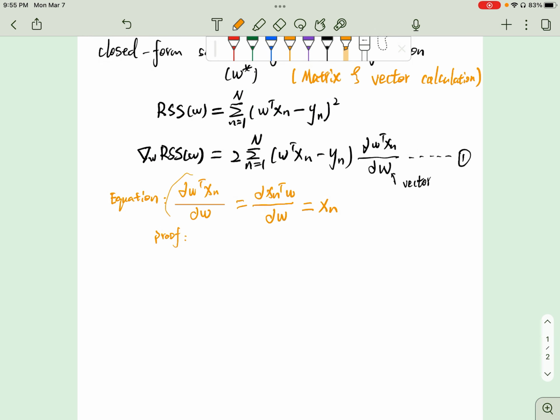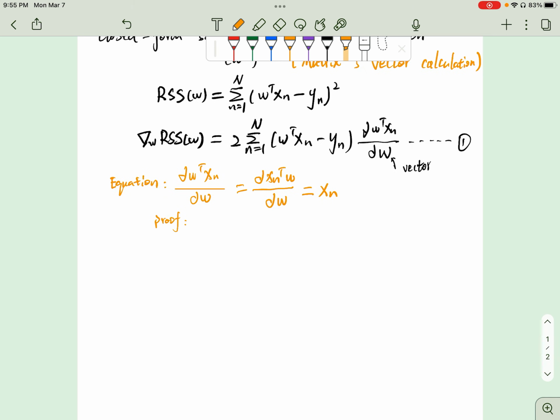Why this is right. Okay, so I will just prove this one. Okay, so we said they are all vectors. So if they are vectors, I take a partial derivative over omega, means that I take a partial derivative over the elements inside of omega.